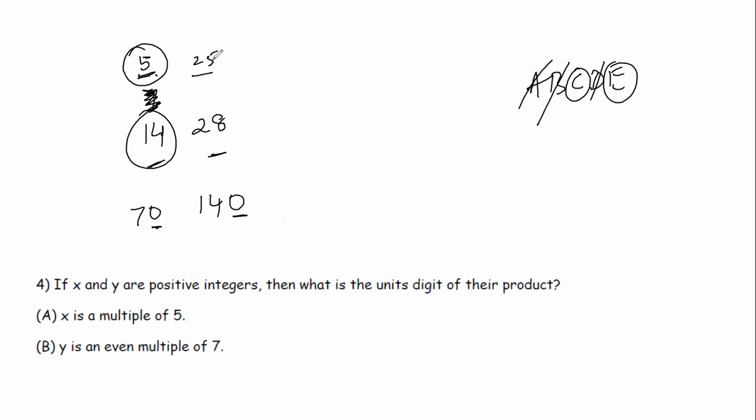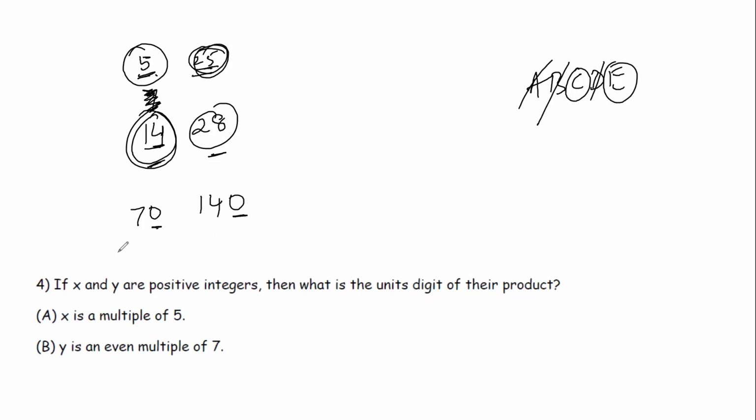Now we'll take 25 and 14, and we know that it will end with 0, and 25 and 28, we know it will end with 0. Correct. Because for 25 and 14, we look at the last digits, 5 and 4, so it becomes 0. And the same with 5 and 8, 40, 0 comes at the end.